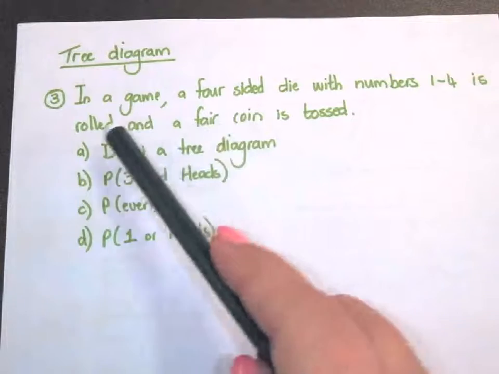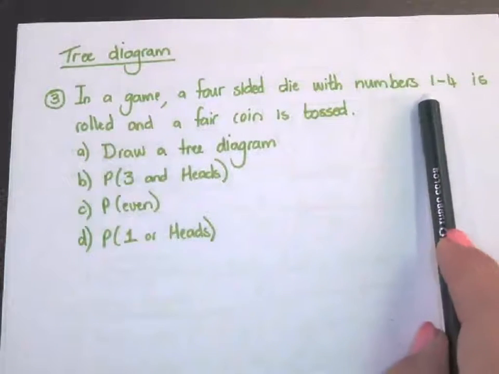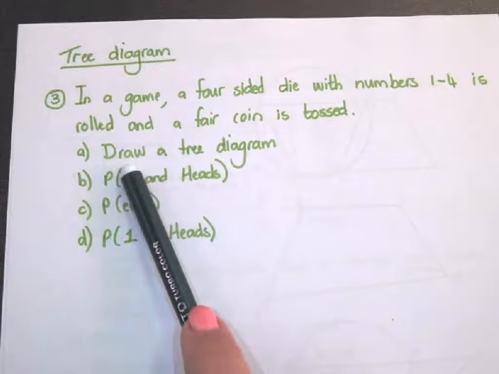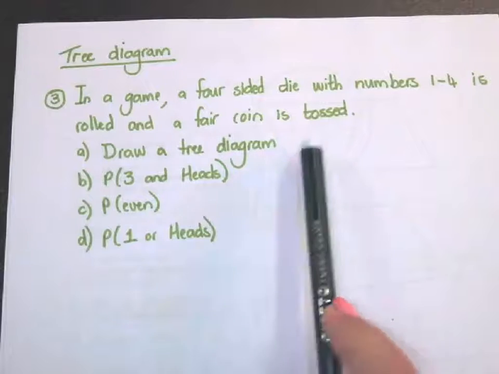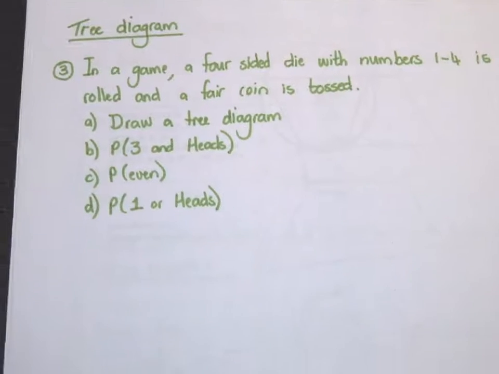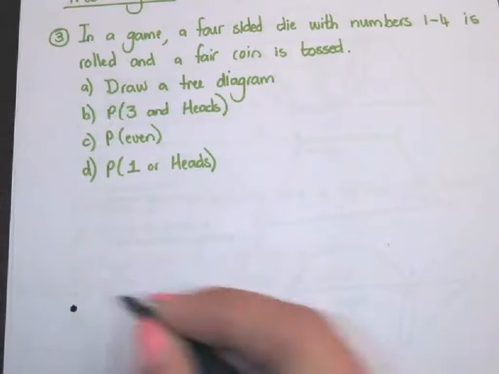First we have a dice, but this dice only has 4 numbers on it. And we have a coin with heads and tails. So we need to draw a tree diagram of tossing the dice and the coin. First you roll the dice and then you toss the coin. Always start with a dot.